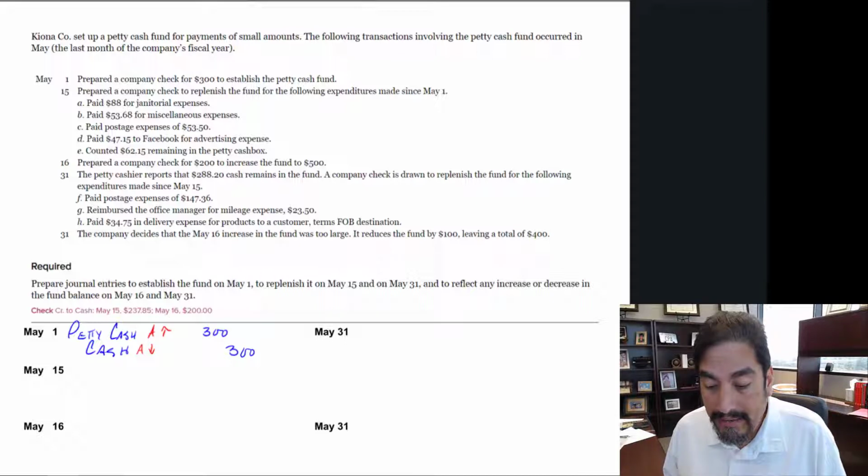Next, on May 15th, prepared a company check to replenish the fund for the following spending.